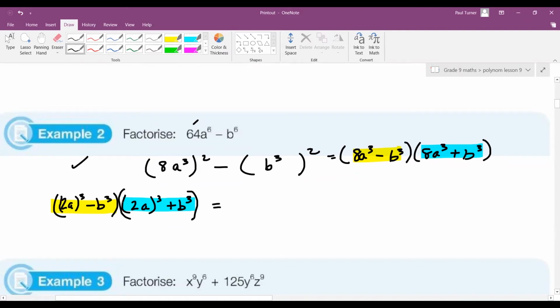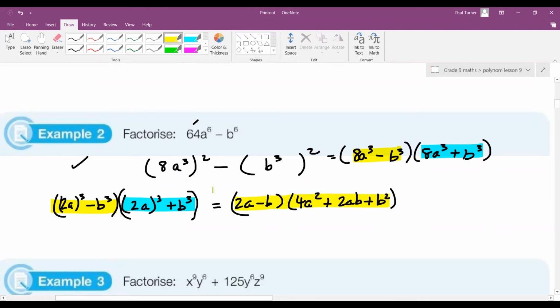For the yellow bit, this would be 2a minus b, then you would have 4a squared plus 2ab plus b squared. So we are using the cube formula now.